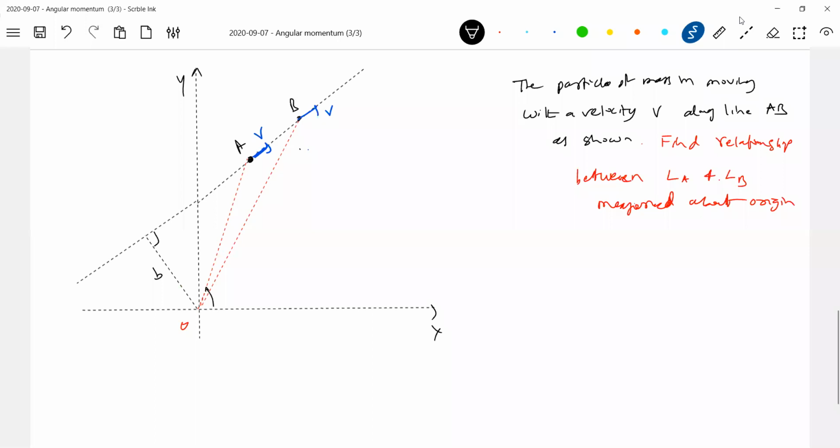If this is theta 1, this is theta 2. What is the angle when the particle is at A? This will be R1 bar, this R2 bar. It will make some angle, which I'm defining as theta 1. Now, if this is theta 1, can you say this is theta 1?